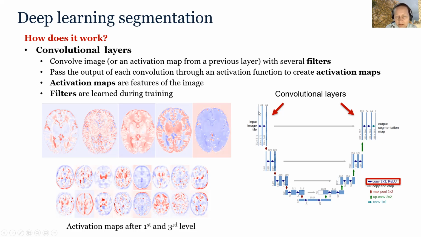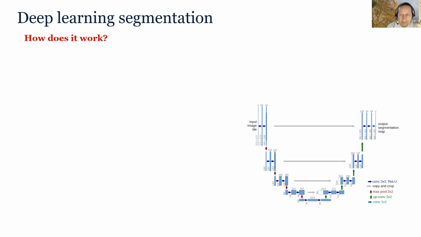Then we apply the convolutional layer, get 64 activation maps, again apply the convolutional layer, get again 64 activation maps. So these are actually 2 layers in here. And of course at different levels, it's the same thing that repeats everywhere, just at lower resolution.